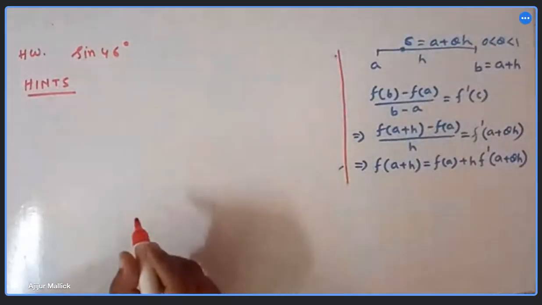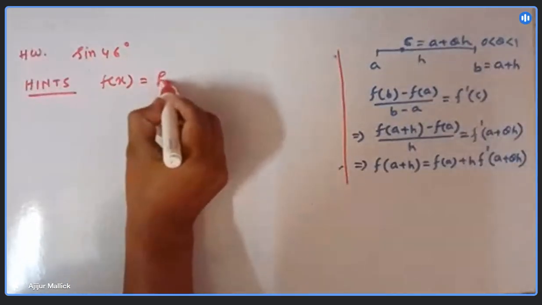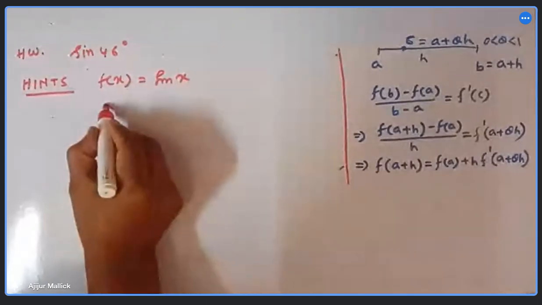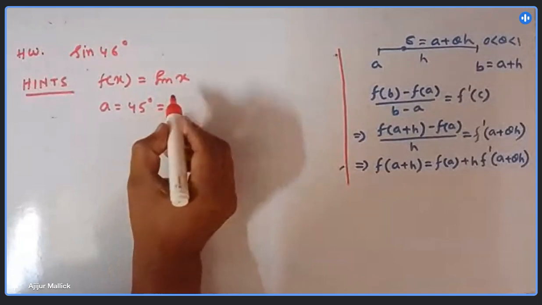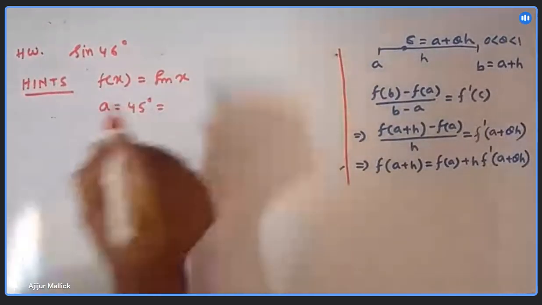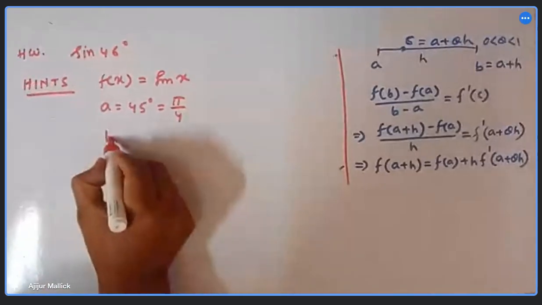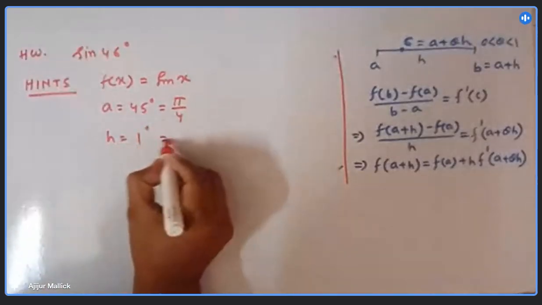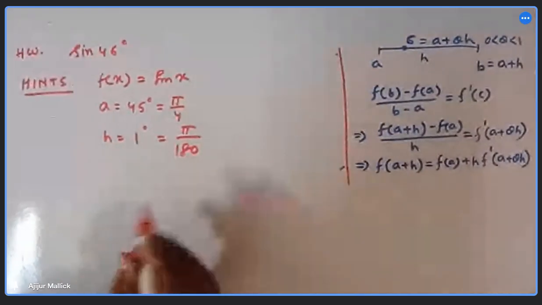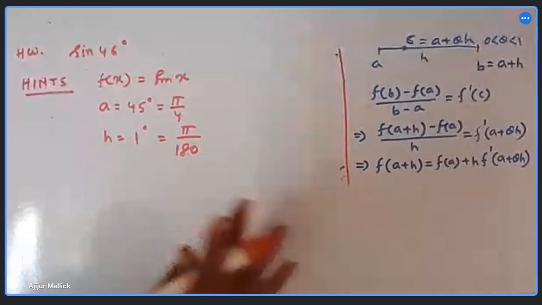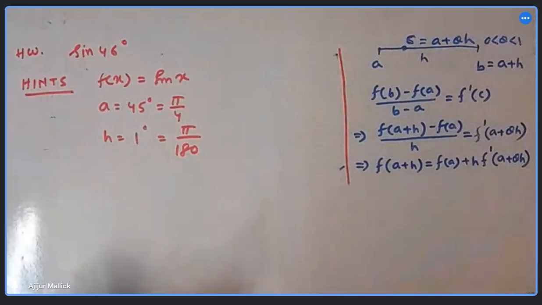Here the function will be f(x) is equal to sine x. a is equal to, we shall take 45 degree, but everything you have to write in radian, so we shall take it pi by 4. And h is equal to 1 degree, which is equal to pi by 180. And then proceed. You will get the result. This is your homework.